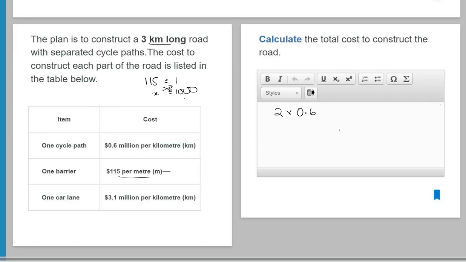So 115 multiplied by 1,000 becomes 115,000, right? Okay, and what else? And that's for 1 kilometer, right? So this becomes 2 multiplied by 0.6 million. Wait, I think I'm missing out on something. Yeah, okay.